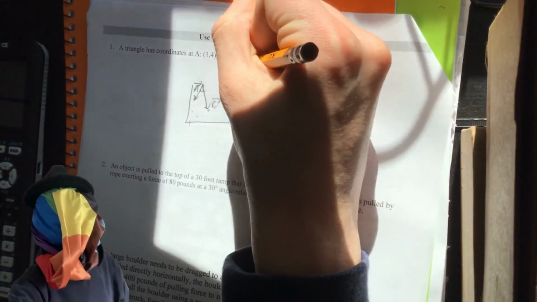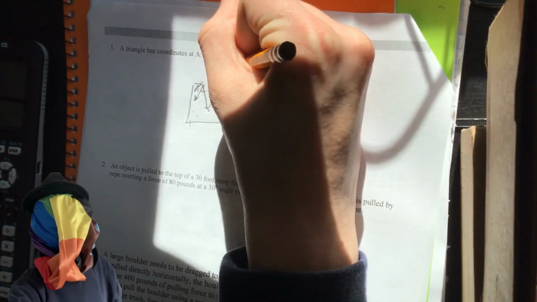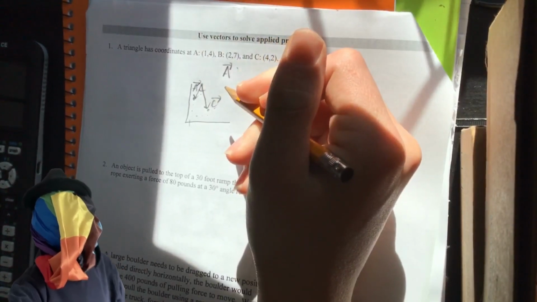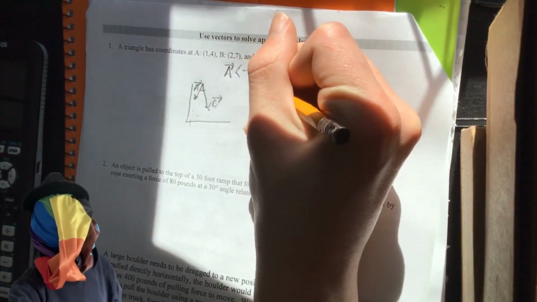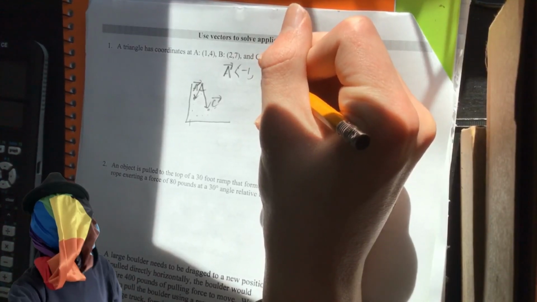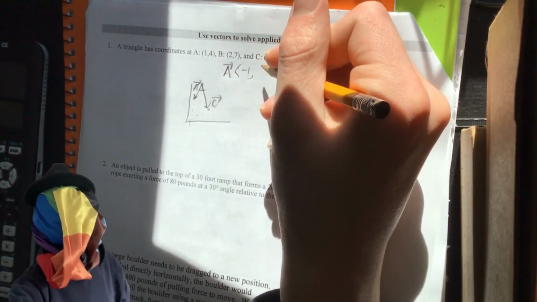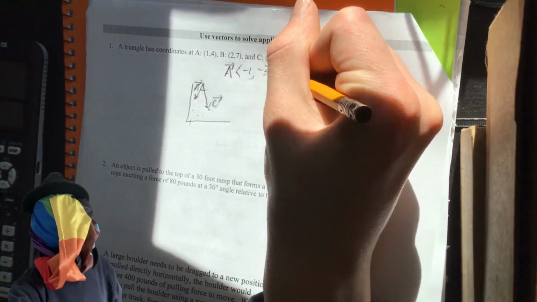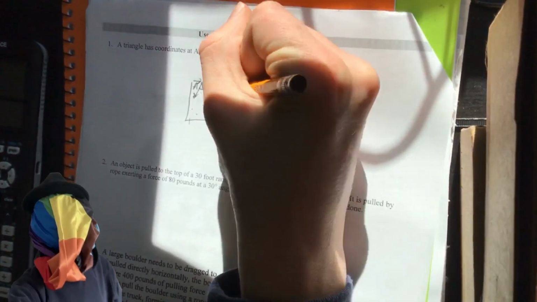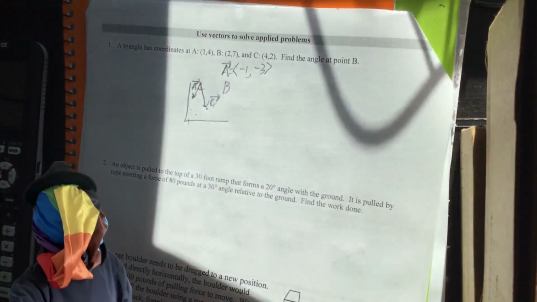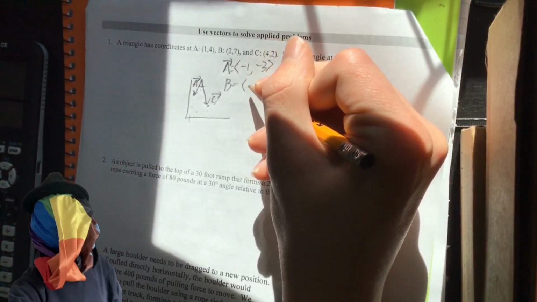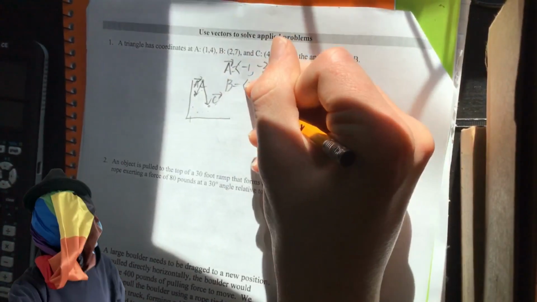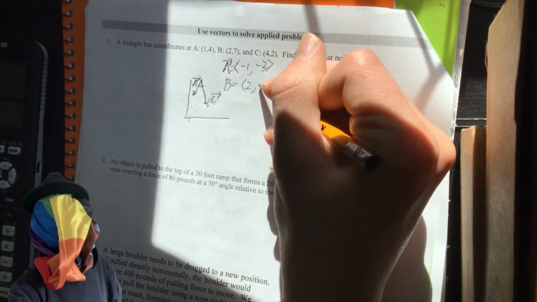For vector A, since it is minus 1 in x, we can say -1, and then -3 in y from B, so we can say -3. And then we can say vector B is equal to 2, -5.